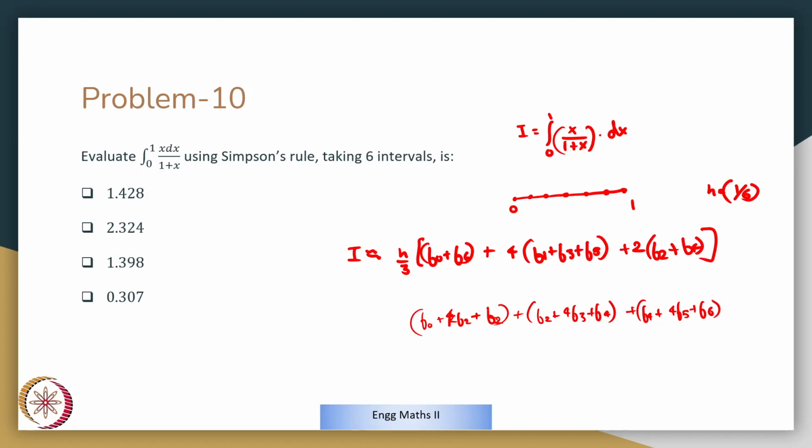So this is what we have, and once you substitute all the values into Simpson's equation, we end up with a value of 0.307.